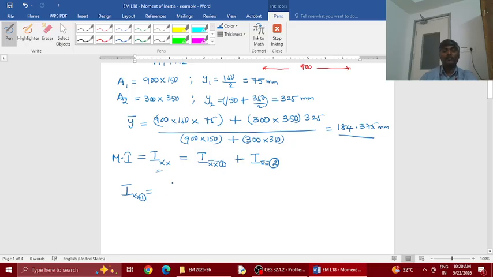I'll draw it aside here. The first rectangle is 150 depth and 900 width. For this, I need the moment of inertia about this line.